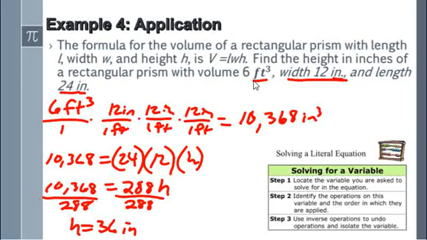You divide by 2 on both sides and get 3 feet as the height. Since there are 12 inches in 1 foot, that would convert to 36 inches. So it's up to you how you want to do that one. If you use bigger numbers, you use the inches. If you want to use smaller numbers and then convert, you could do that as well.